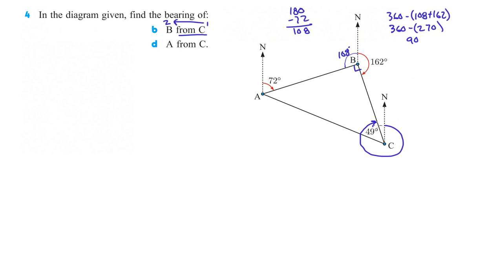If we know that this is 90 and this is 49, then we can figure out what this is, because we know all these angles here have to add up to 180 degrees, right? So 180 minus the two angles that we already have, 90 and 49. It's going to be 180 minus 139 is going to end up giving us, what, 41 degrees? So this right here I know is 41 degrees.